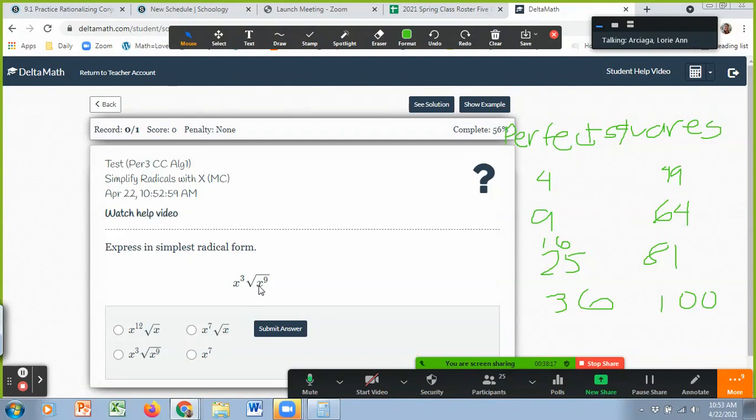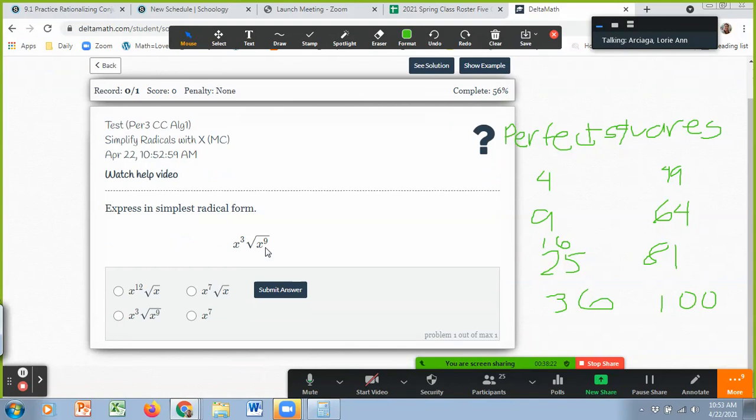x to the third and x to the 9. So there's an x to the third outside. Now let's look at the 9. 9 is not exactly divisible by 2, right? But divide 9 by 2. What's the remainder?